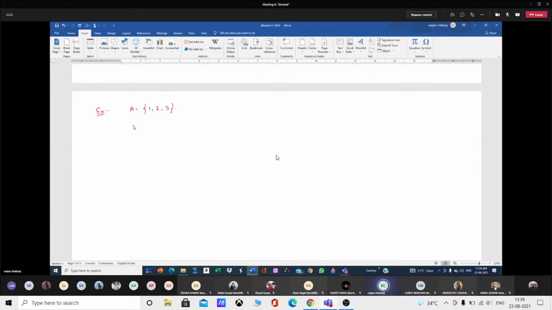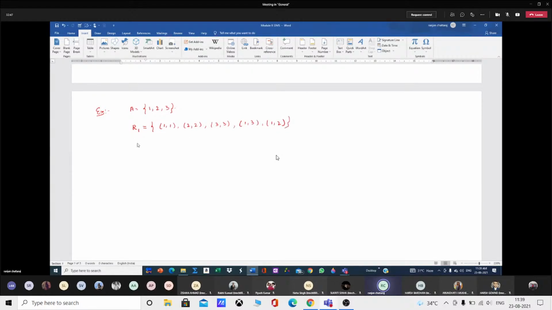And now find the relation R1. This relation is (1,1), (2,2), you may take (3,3), you may take (1,3) and (1,2).